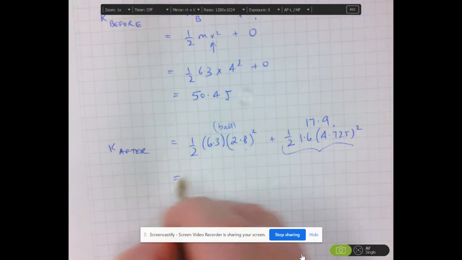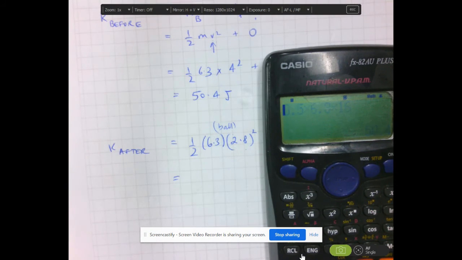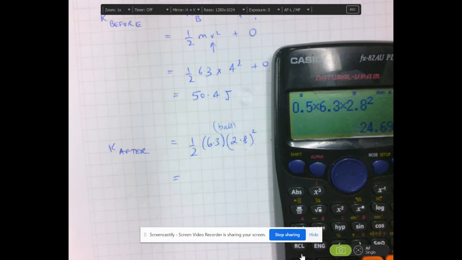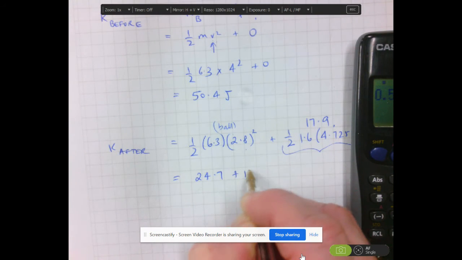So we just got to add this part here. So putting those values in, you get 0.5 times 6.3 times 2.8 squared. So that is 24.7 plus 17.9.